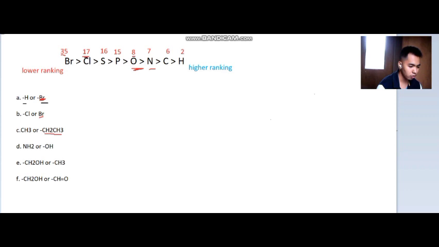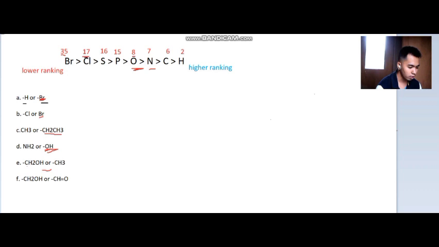This means that OH ranks higher, which means O ranks higher than N. In E, we have CH2OH versus CH3.